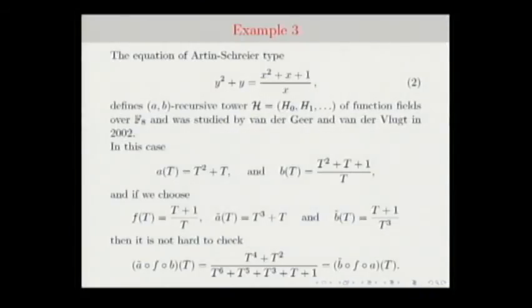Another example of what we did is to take this equation of Artin-Schreier type, studied by van der Geer and van der Vlugt, and we also found a subtower of this tower, taking these functions A tilde and B tilde, and this T, and these compositions also hold.